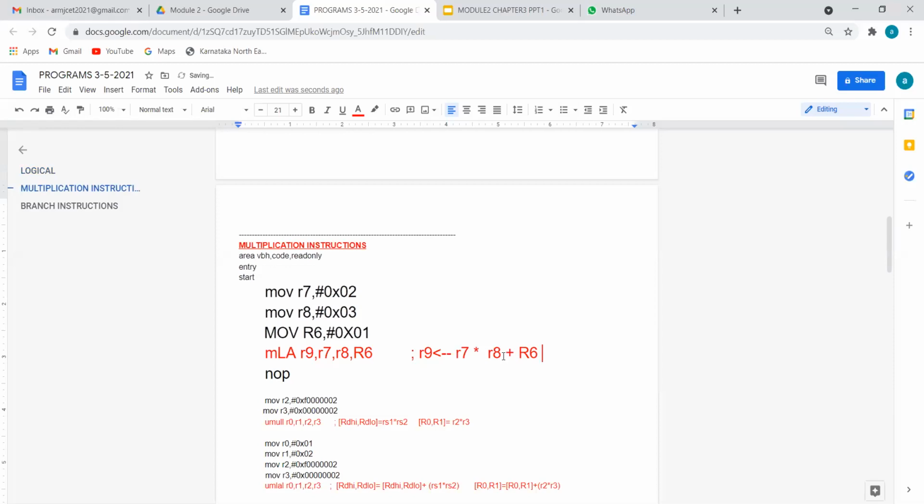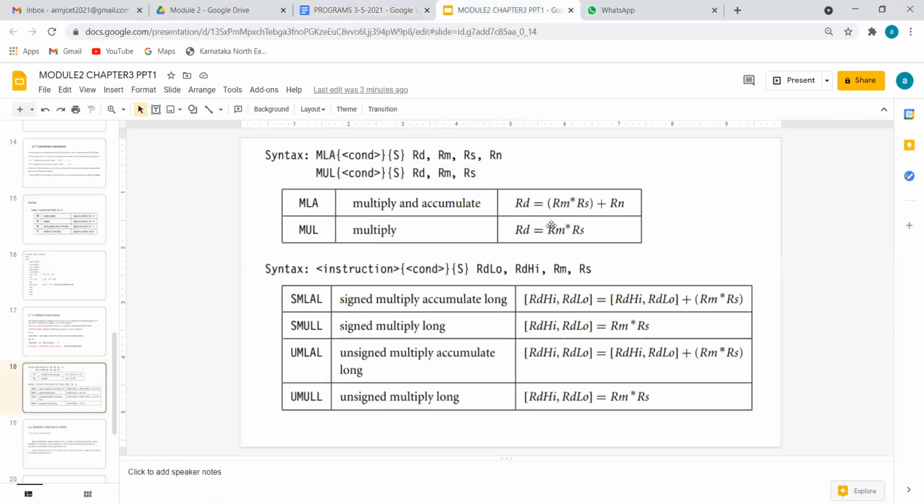Am I right with the substitution? See the arrangement, DMSN. So M into S plus N. According to that I have changed it.